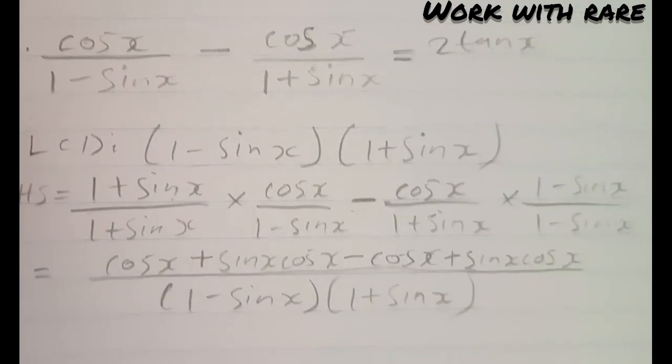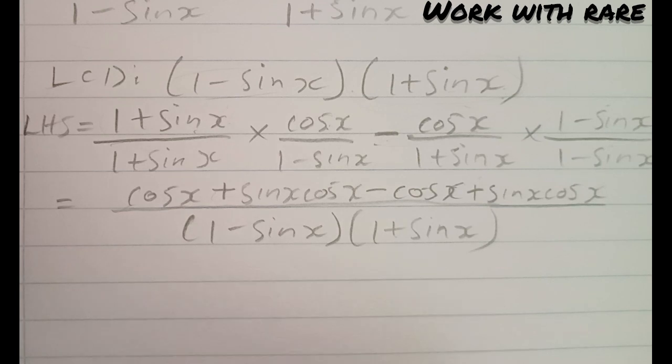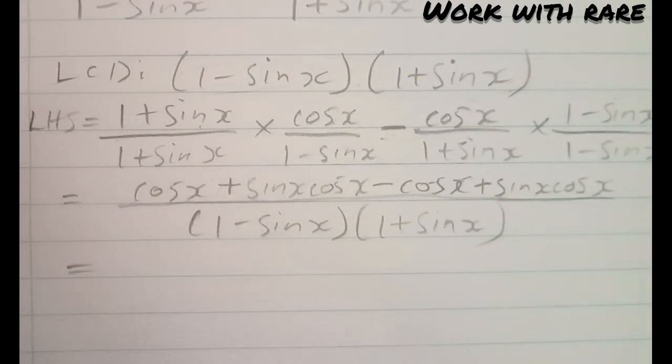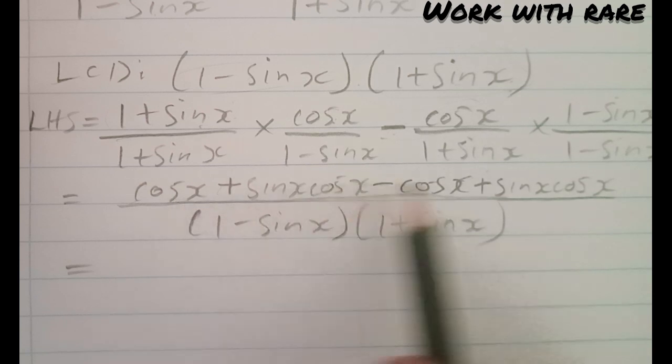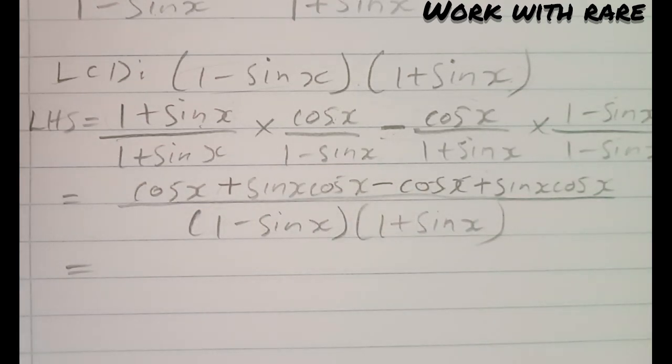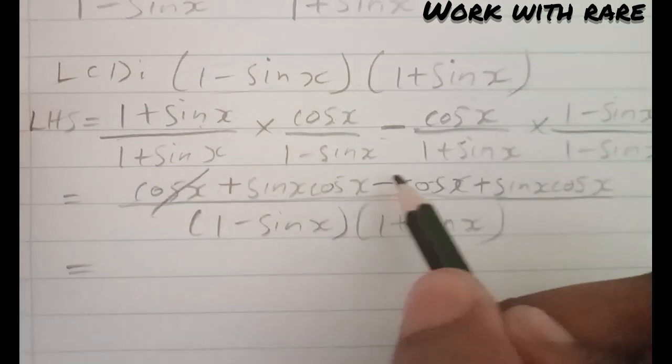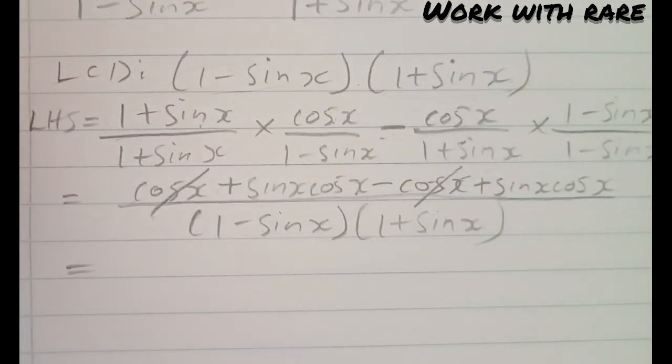Our next step will be to check like terms. Here I have cos x, here I have cos x, and cos x minus cos x is 0, which means they cancel each other, so they are out.